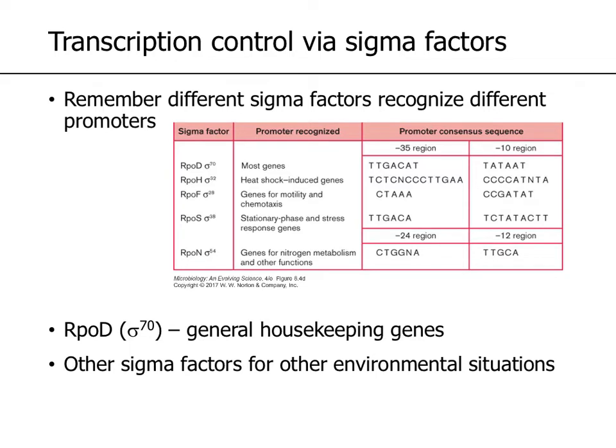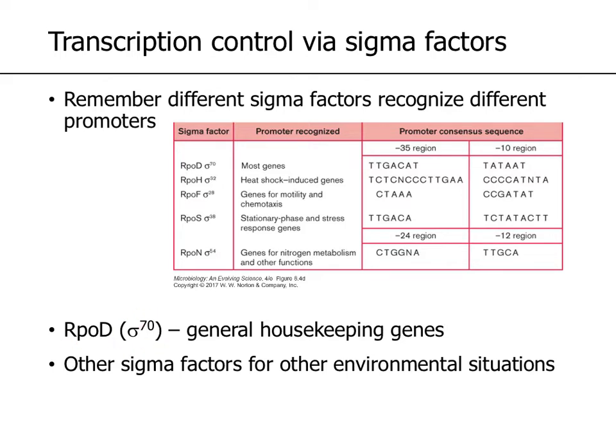All right, so one other way that you can control transcription is through different sigma factors. If you remember from the previous chapter, sigma factors recognize different promoters, right? So that is one simple way of regulation: having a different promoter that will be recognized by a completely different sigma factor.